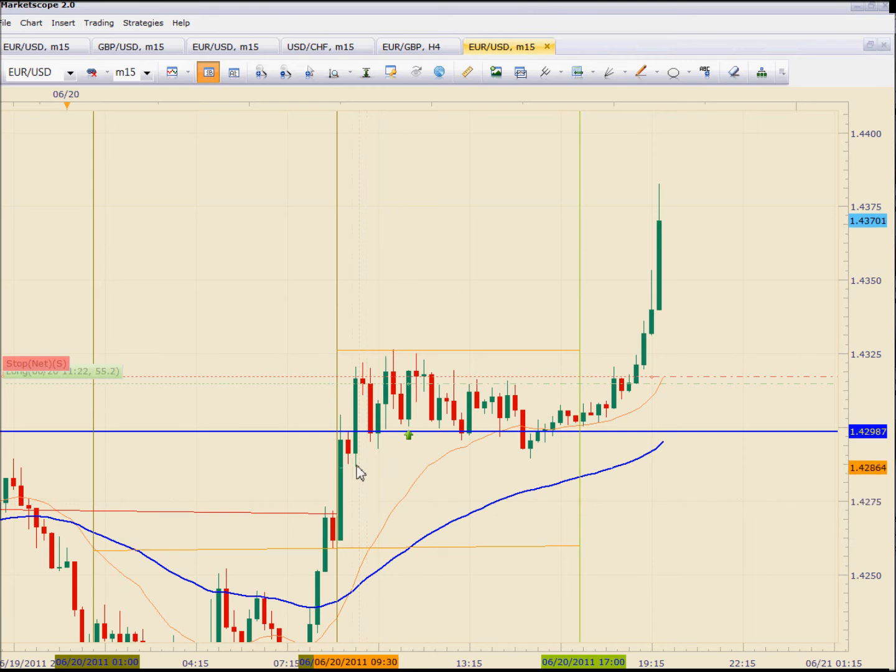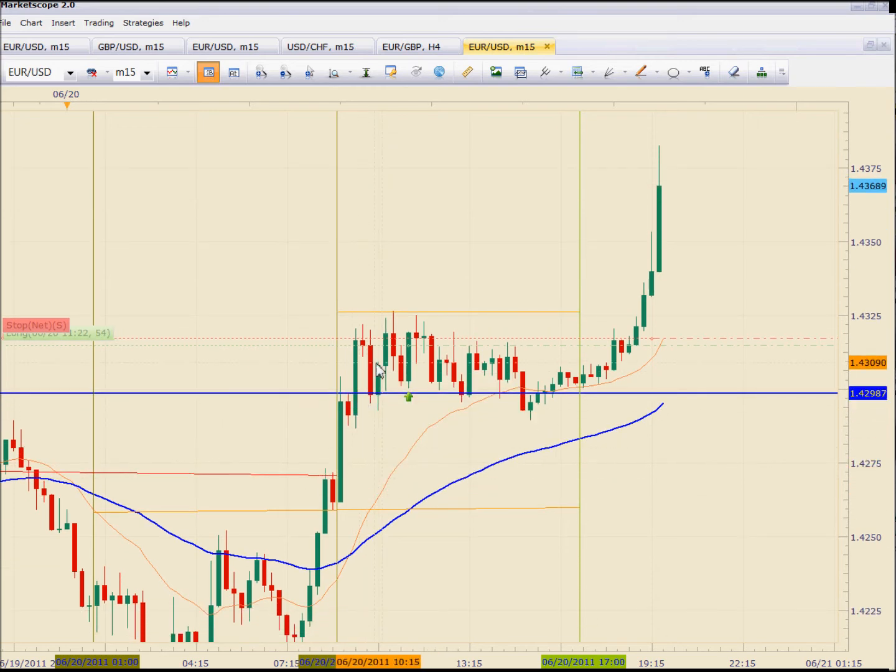But I wasn't able to get in here because there was too much going on. The market did not pull back down to my 20 EMA to allow me to have an entry, and when it finally went up here, it was just ranging.